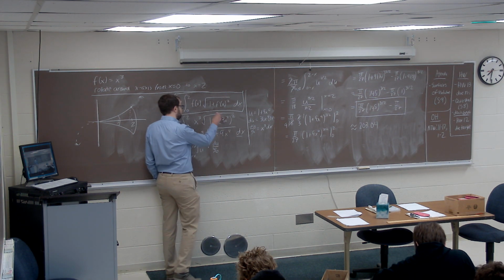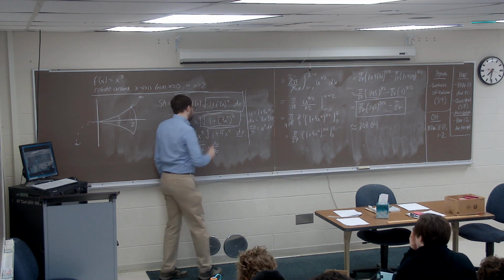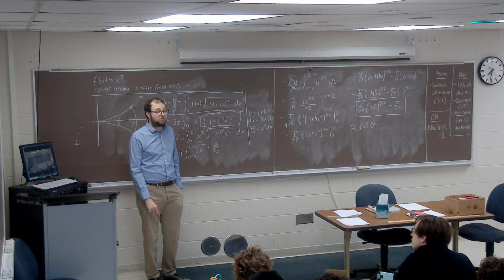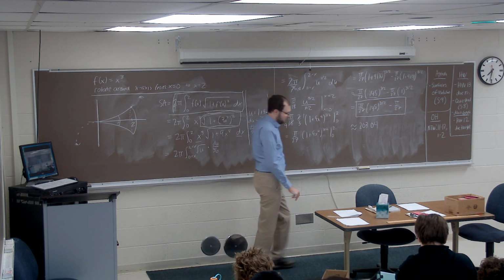And as a hint, when you get to the point where you're taking the square root of 1 plus h prime of x squared, you should be able to simplify what's under the square root into something that is a perfect square. Some food for thought.